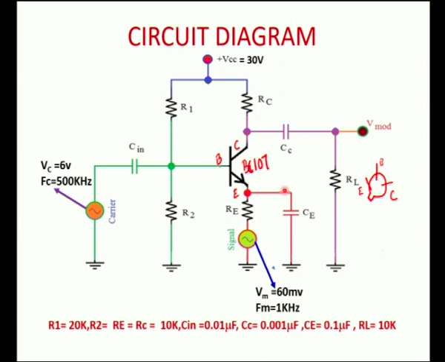There will be a bypass capacitor CE which is going to pass all the AC components to the ground. So, this signal will be passed into the emitter of the transistor. To the base of the transistor, you connect Cin, this is a blocking capacitor which blocks all the DC values, and this will be your another function generator.